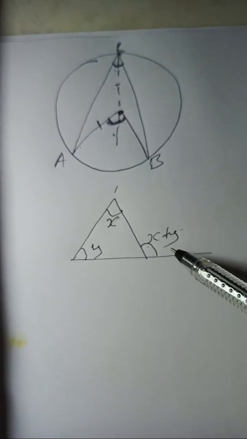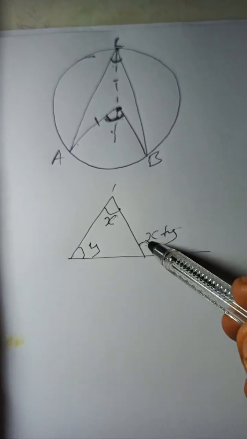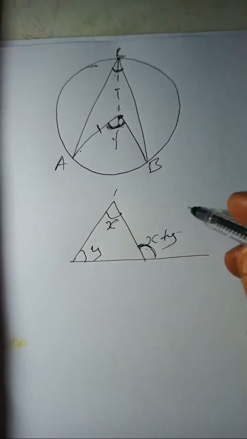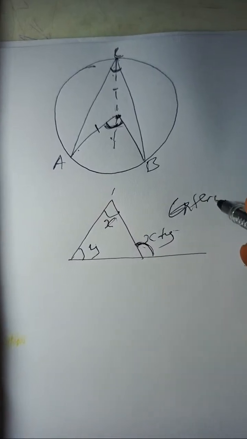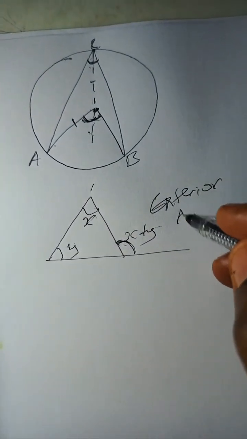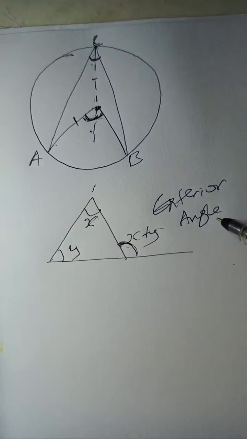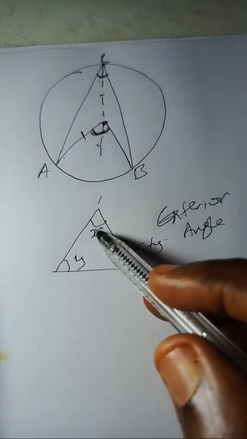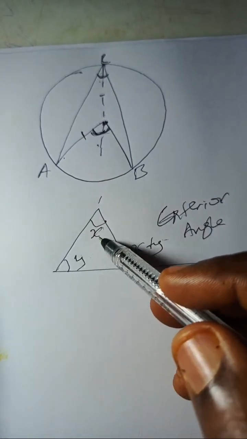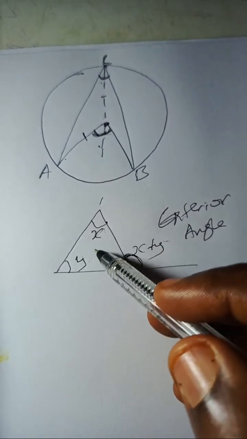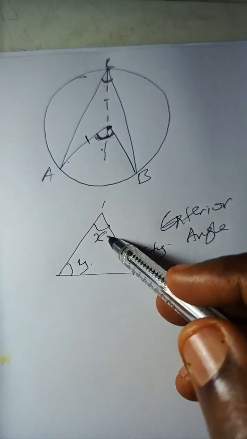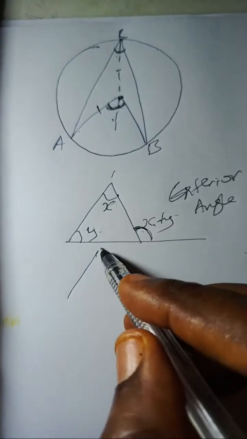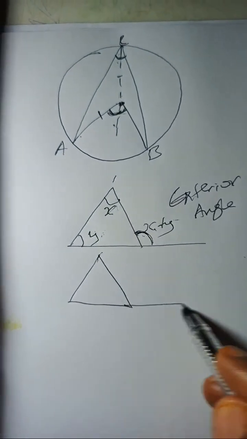So the exterior angle of a triangle is equal to the sum of the two opposite interior angles. If you want to verify and check that, it's not so hard.